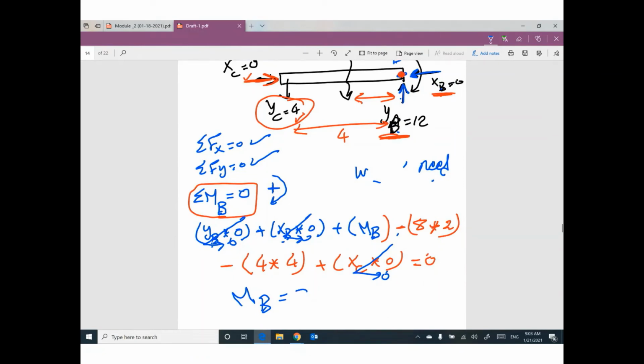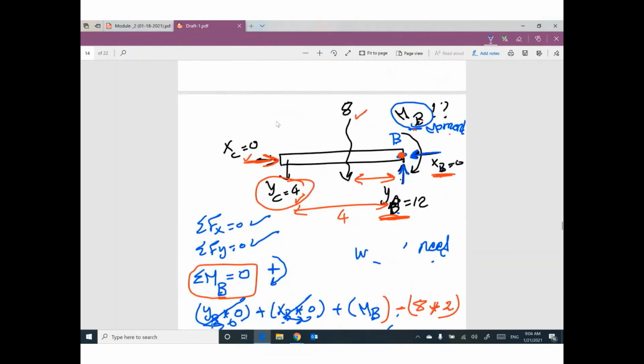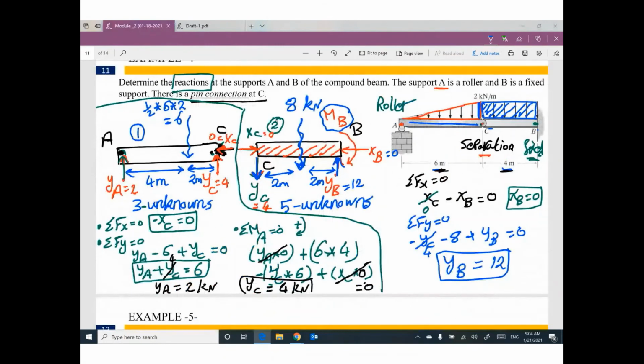It will be 32. So finally, MB equals 32, YB equals 12, XB equals 0, YC, YA, all reactions are calculated.